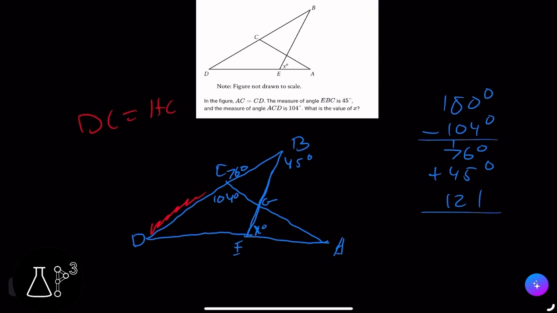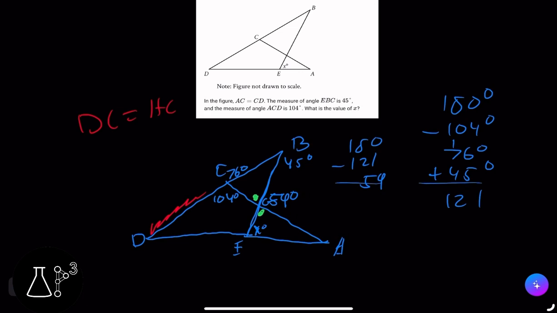So now I do 180 minus 121 to look for the other angle measure, which is right here. So 180 minus 121, I get 59. So this one right here equals 59. And because the corresponding angle is 59, it equals where the green thing is, which is over here. So that equals 59.